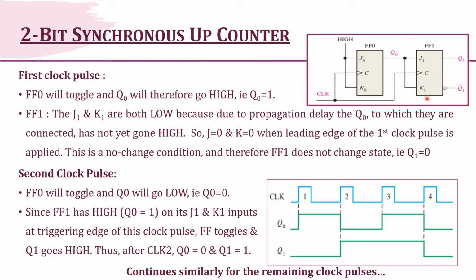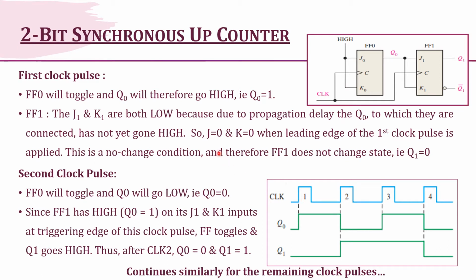What about FF1 during the first clock pulse? J1 and K1 are both low during the positive edge of the first clock pulse because of the propagation delay in the gates. The Q0 to which J1 and K1 are connected has not yet gone high, that is, Q0 = 0 during the positive edge of the first clock pulse.